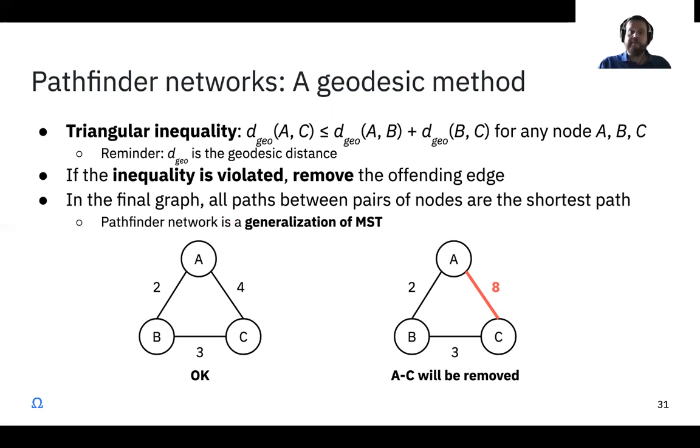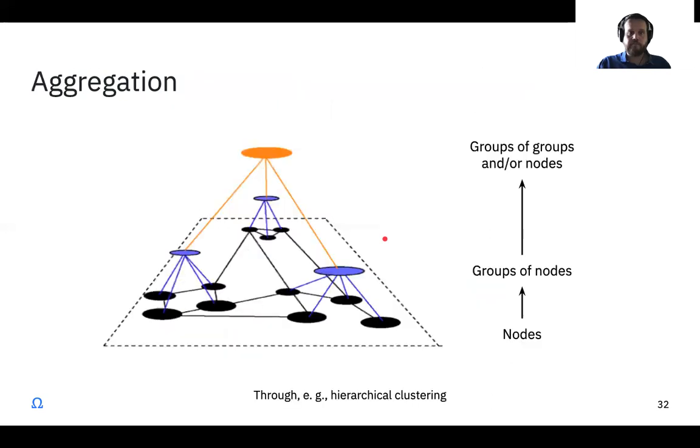So a Pathfinder network can be viewed as a bit of a generalization of MST. These two, the MST approach and the Pathfinder approach, are very structured, and you see that it's less random. It focuses on actual inherent properties of the edges. So it might be worthwhile to check out.